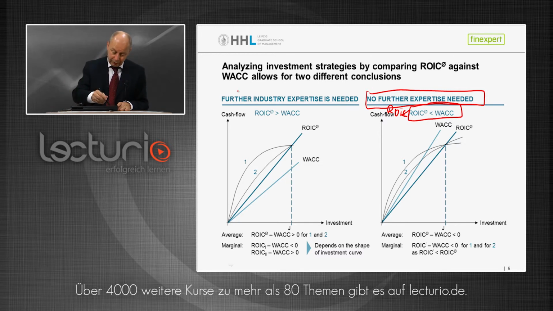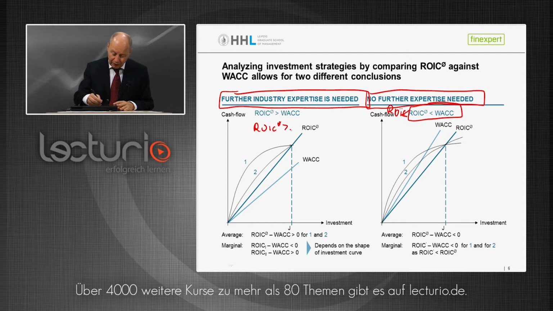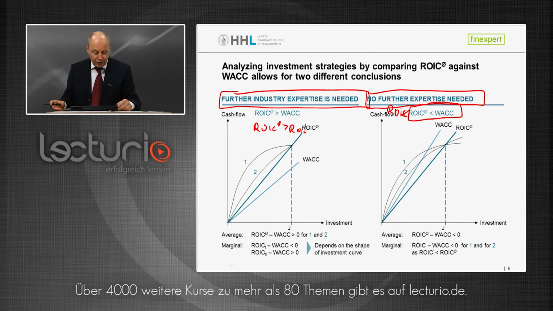But here, if the average ROIC is greater than the WACC, then obviously further industry expertise is needed to judge the question whether we should invest another unit of money into our firm or not, because we would need to know, as we know our average ROIC is greater than our marginal ROIC, it may well be the case that the average ROIC is greater than the WACC, whereas the marginal one is close to or even smaller than the WACC already.